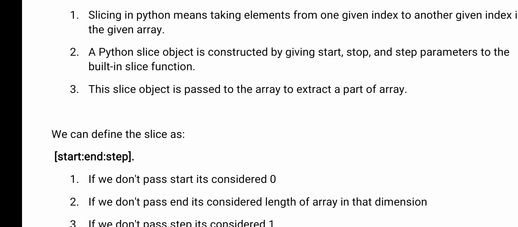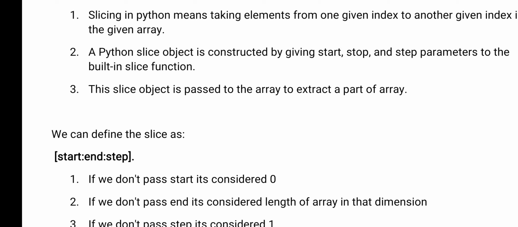These 3 parameters are important when you are using the built-in slicing function. Now the third point: the slice object is passed to the array to extract part of an array, meaning this object is applied on the array to extract elements.